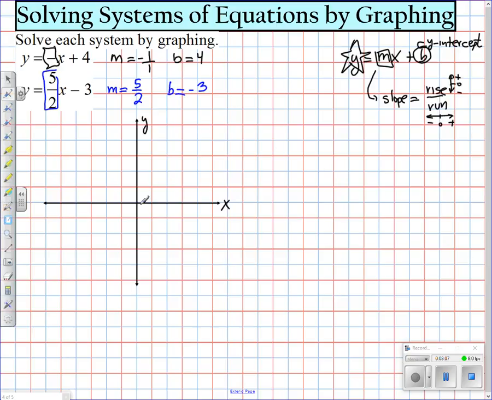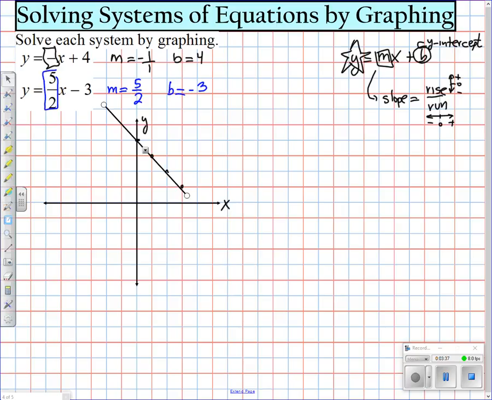I'm going to go up 4: 1, 2, 3, 4. And from there, my rise is -1. Because it's negative, I'm going to go down 1, and my run is +1. Draw a line between them, and that'll be your answer. So here's how the first line looks.